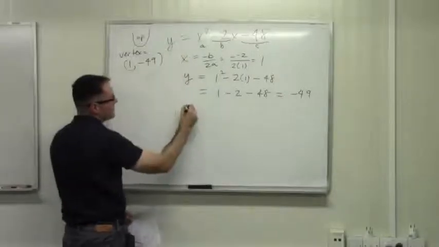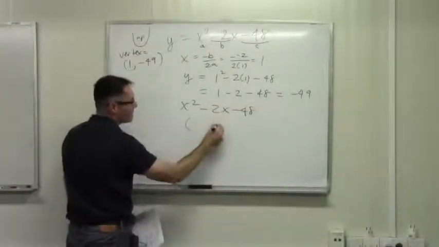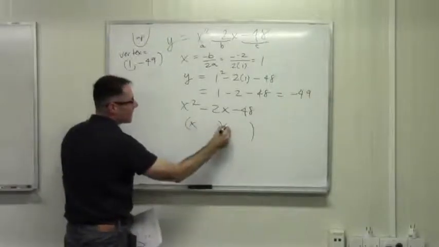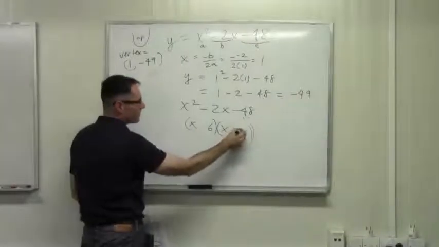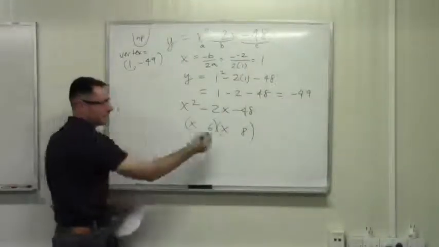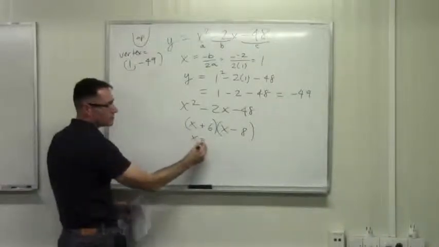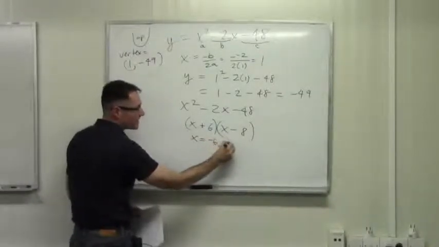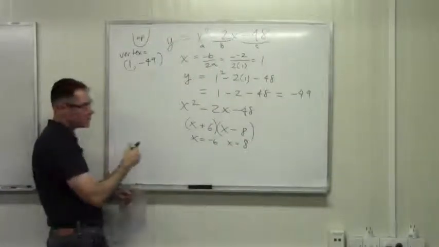So let's factor this. X squared minus 2x minus 48. Factor it. X and x. 6 and 8. I like it. Which is which? Minus 8 plus 6. So that means x equals negative 6 and x equals positive 8, because we're going to set each one equal to 0.